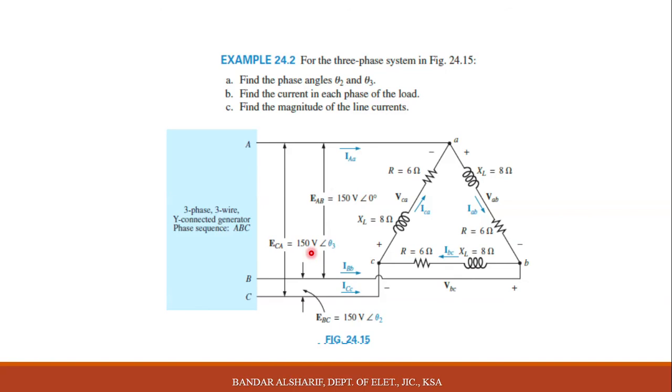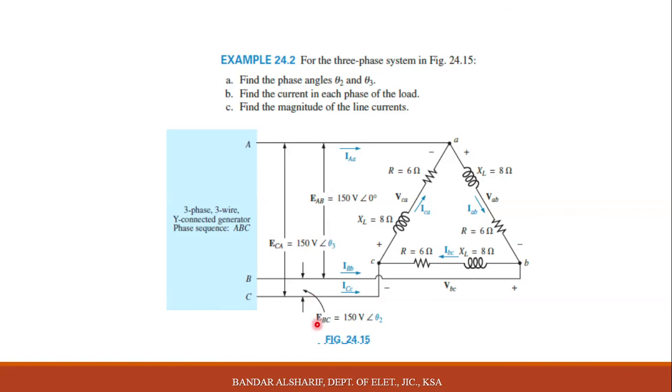We'll study one example here. Example 24.2 for a three-phase system, Figure 24.15. Find the phase angles theta 2 and theta 3. This is theta 3 and this is theta 2. The line voltage magnitude is 150 with angle 0.